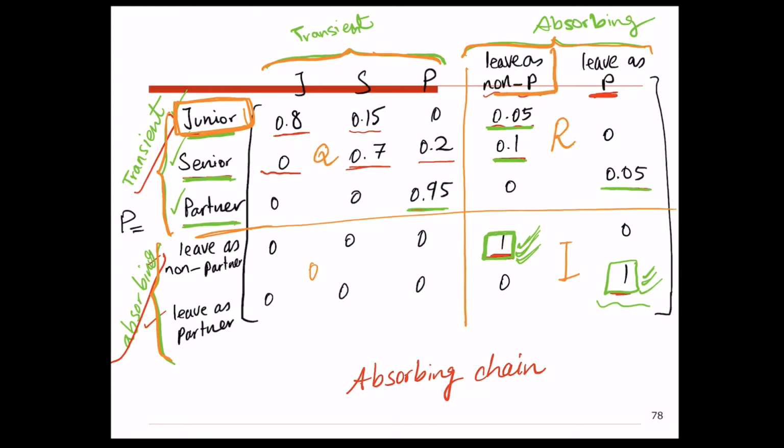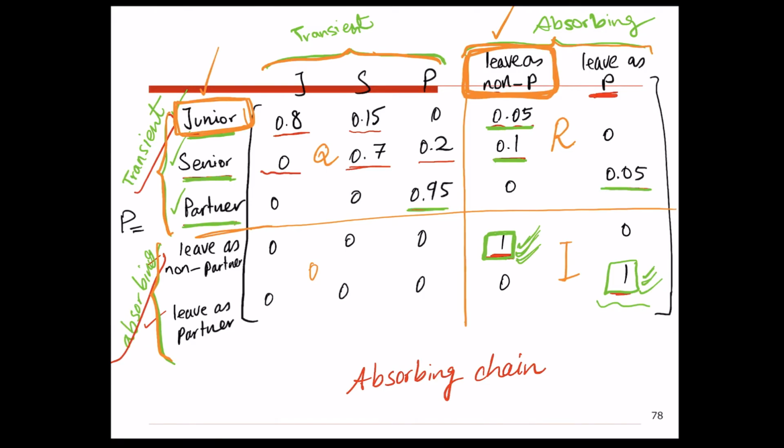Will leave as non-partner. So what is the probability that we start from transient state junior lawyer and we end up at absorbing state leave as non-partner? So this is the first type of questions that we try to answer in Markov chains.